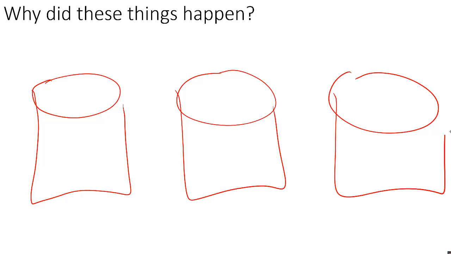The hard one to think about is the sugar cup. So we had the water cup, and we had the potato piece. Here's the potato piece, and water is going in.